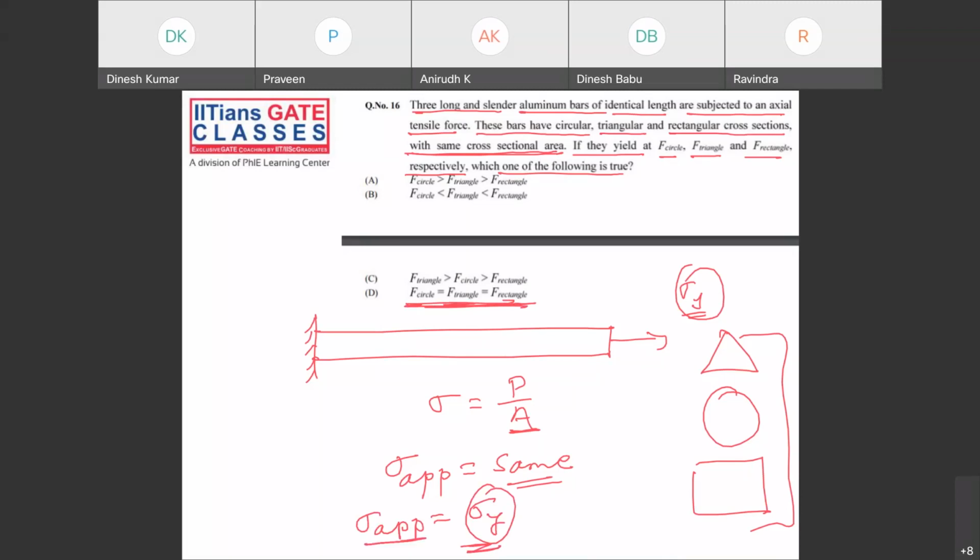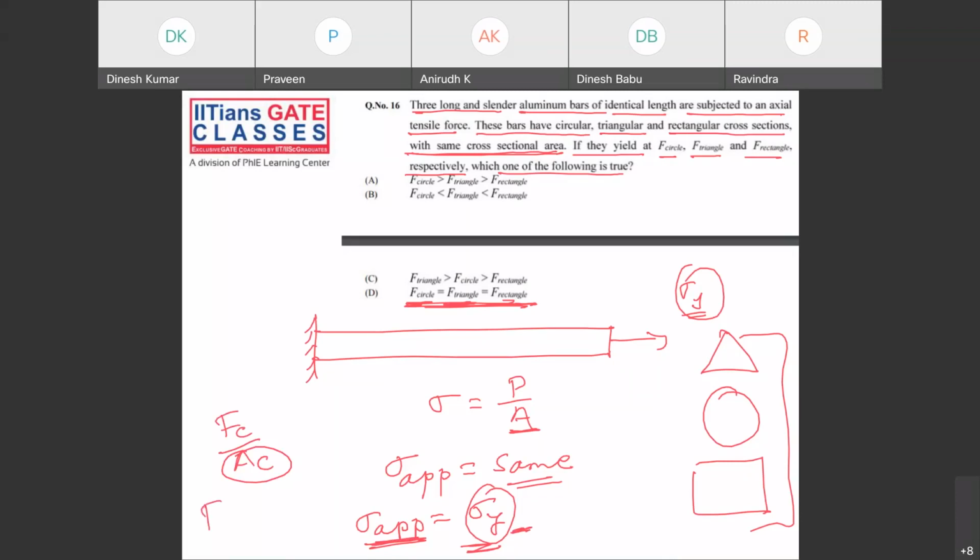So in every case we will find F circle will be equal to F triangle will be equal to F rectangle. You can see this sigma applied is nothing but F upon area. Now this is fixed for a particular material and cross section is same.